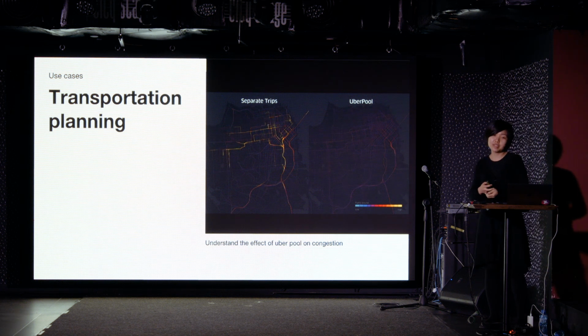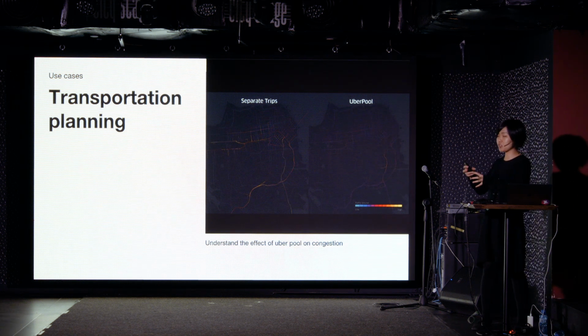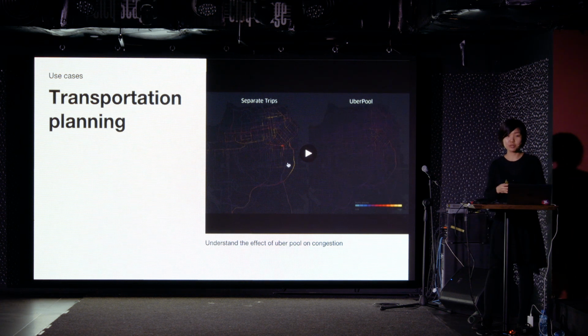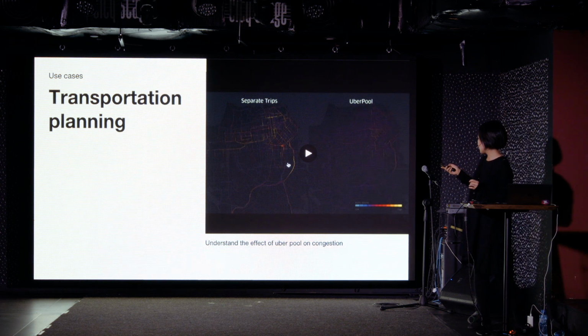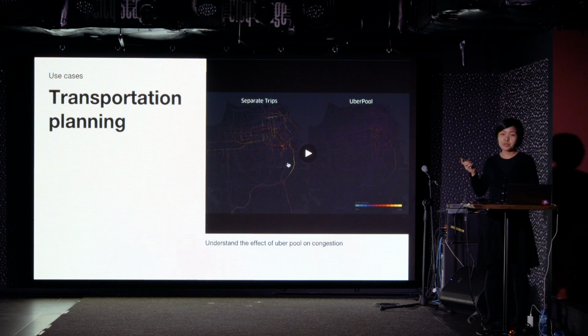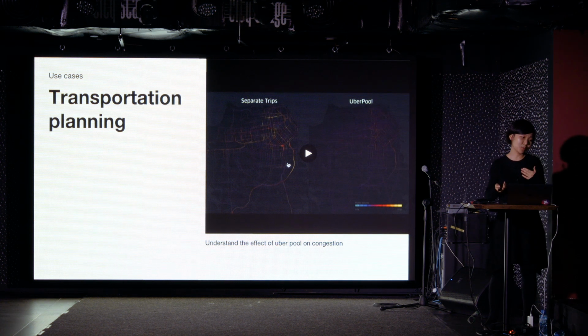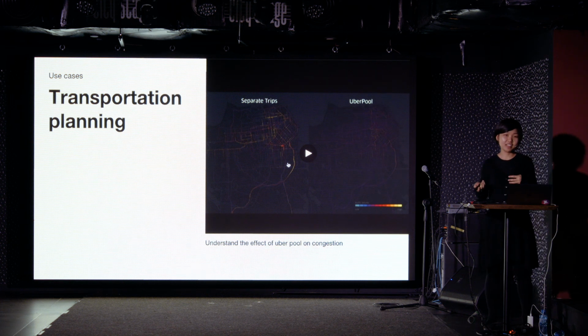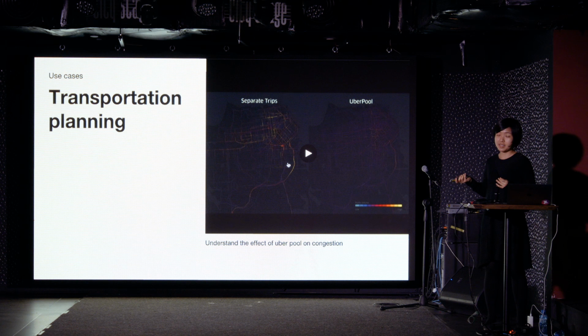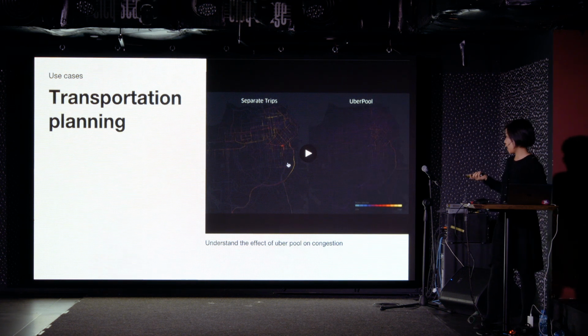If you know, Uber Pool is where several riders can be put in the same car so that we can reduce the total amount of trips and reduce the level of congestion we bring to the city. And basically this visualization provides persuasive insights for evaluating the transportation strategy we want to adopt.